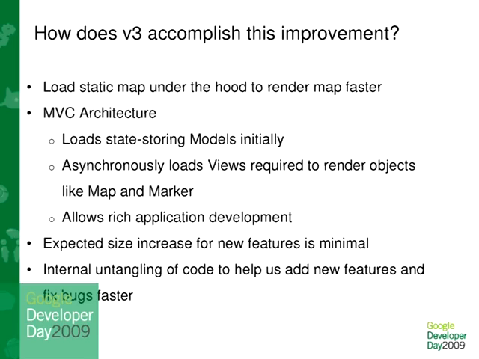So the first thing, as I said, it uses static maps. The other thing that we introduced is really the MVC architecture, which is model view controller. So this means that the model is loaded right away. And if you start to use one of those objects, then we will load the views that make it possible to render a place mark or a polygon or a line.